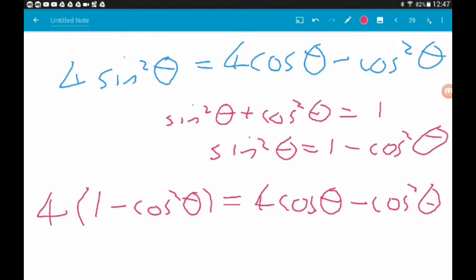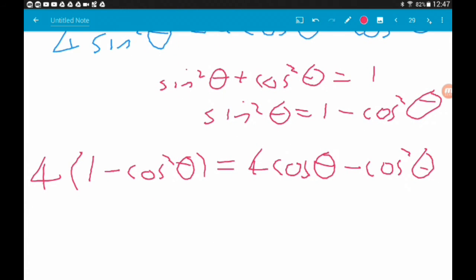So now everything is in terms of cos, so that makes us happy. I forgot to change back to blue, my bad.